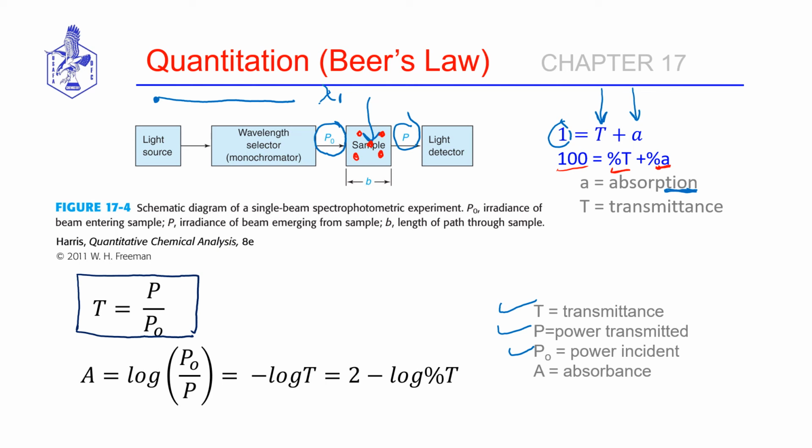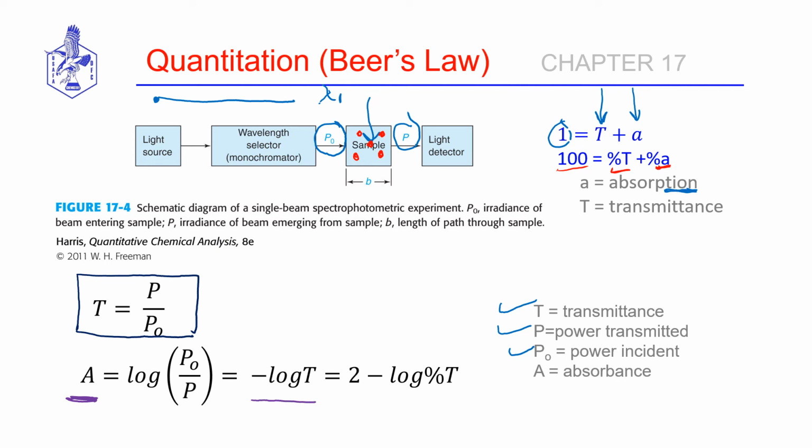It's that ratio. We define the absorbance, A, as the log of the ratio of incident power to transmitted power. This is the negative log of the transmittance.